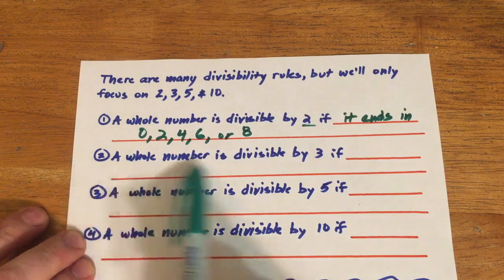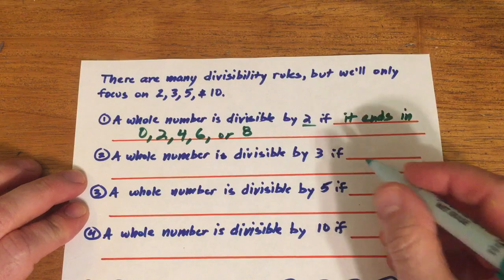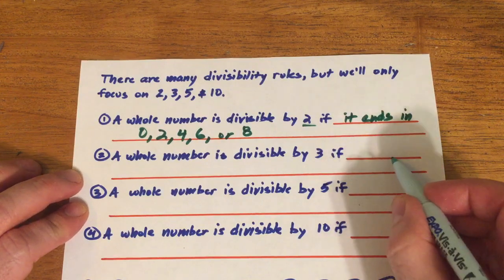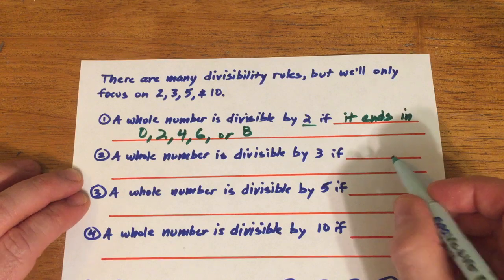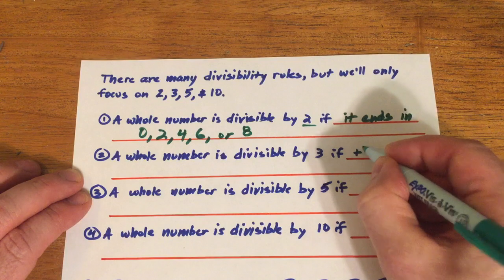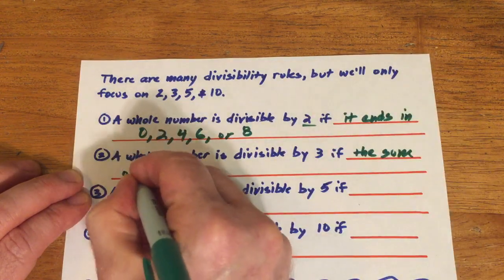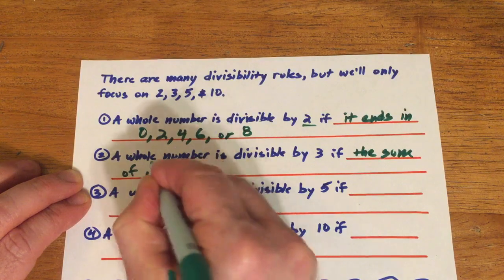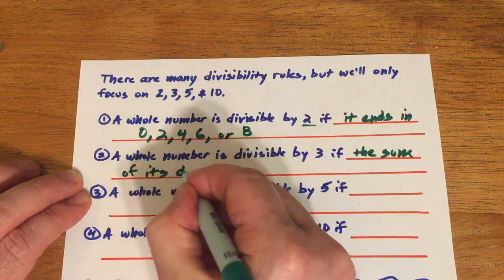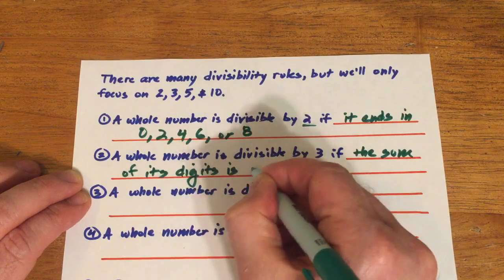It says a whole number is divisible by 3 if, and this is sort of an unusual rule, the number formed by the sum of the digits is divisible by 3. Or a shorter way to say it is if the sum of its digits is divisible by 3.